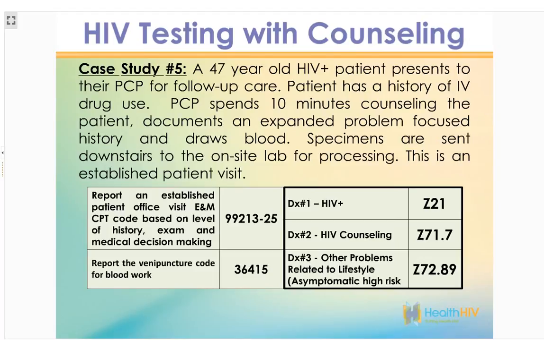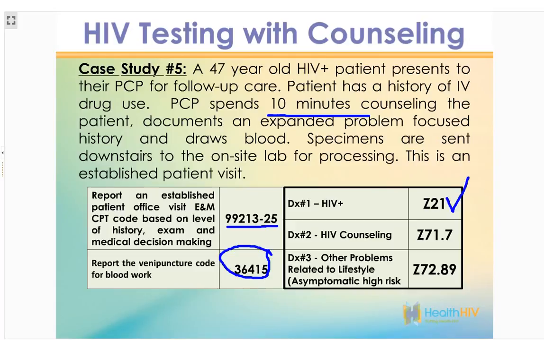They come in for follow-up care, and the patient has a history of IV drug use. The physician spends about 10 minutes counseling the patient, documents an expanded problem-focused history, and draws some blood work, and sends the blood work to the lab. So this is a 99213 with a modifier 25 because of the additional service, which is the blood work.